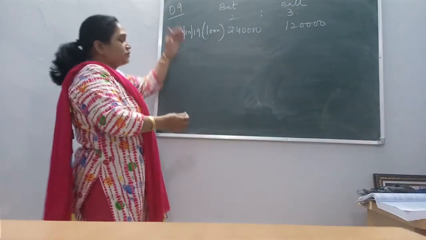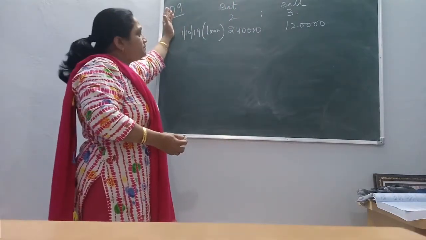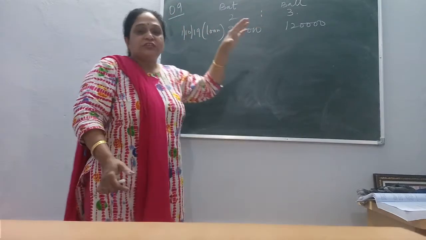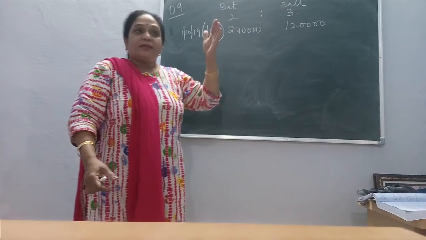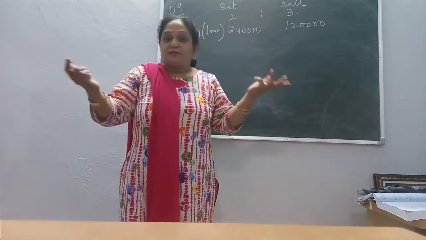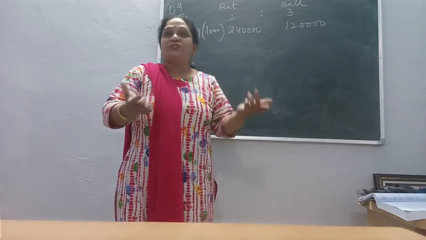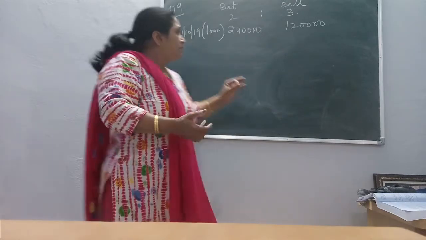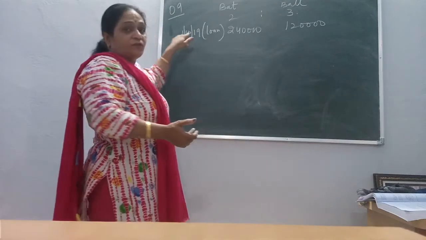Similar type of question number 9, students. Bat and Ball. Again, the profit sharing is 2:3. Their capital balances are also given, but there is no deed, no mention of the interest, so no interest will be provided on their capitals. Only their advanced loan to the firm.